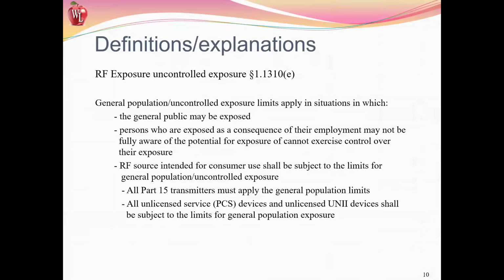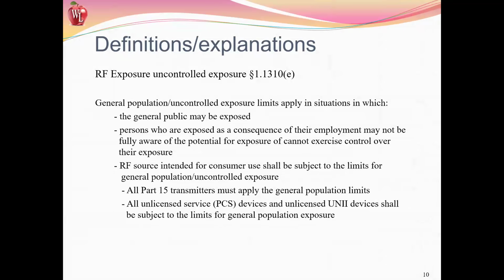The general or the uncontrolled exposure is for the general population, and it's where the general public may be exposed. People who are exposed as a consequence of their employment may not be fully aware of the potential for exposure and cannot exercise control over their exposure. So they don't have the knowledge that they're being exposed or what the exposure will do to them.